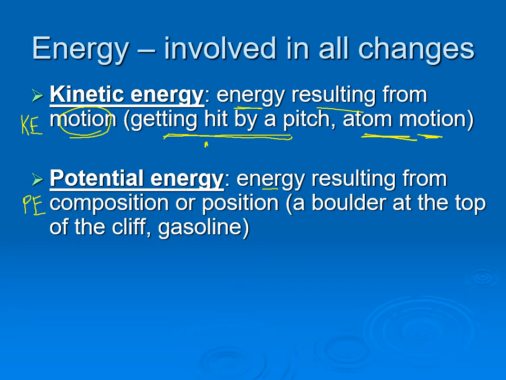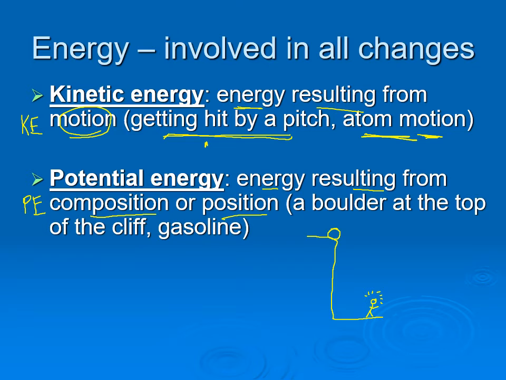This is energy resulting from either what it's made of or where it is. So this is the infamous, if you have a cliff, so here's my cliff, and here we are at the bottom of the cliff. And there is a boulder perched precariously at the top of this cliff, we may be worried.